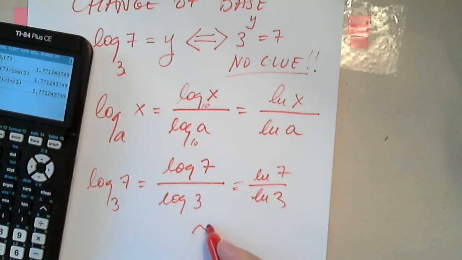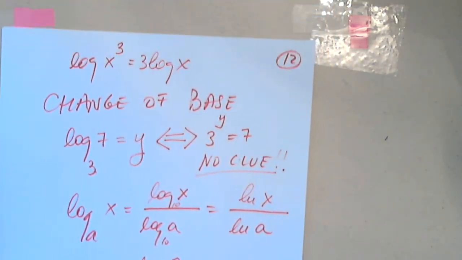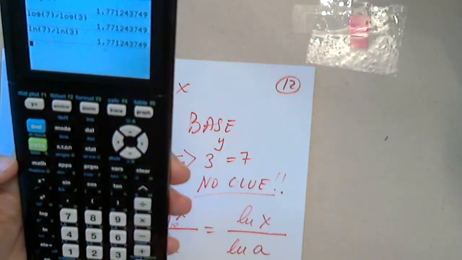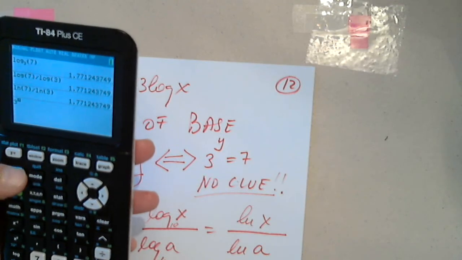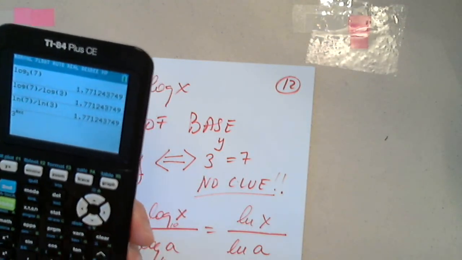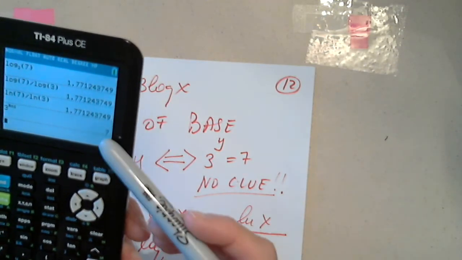So this is approximately 1.7712. How do I check my work? 3 raised to this number should be 7. 3 to the power of second and the previous answer. I want to take the whole answer. I don't want to use an approximation. And when I hit enter, I have to get 7.